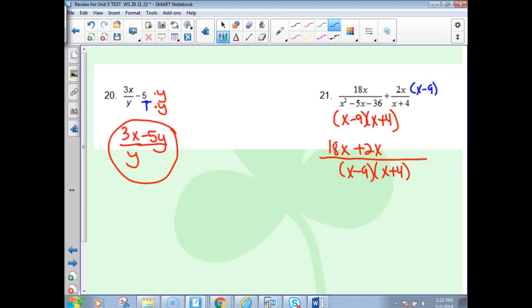So you're multiplying x minus 9 times the top and the bottom of the second fraction. Okay, so when you add and they have the same common denominator, you can put together their numerators.